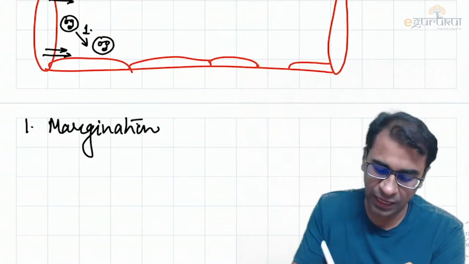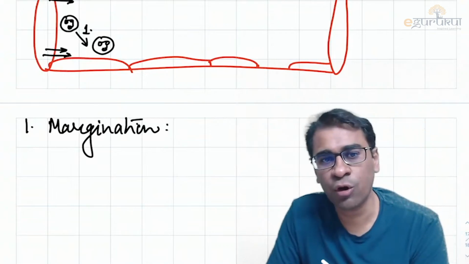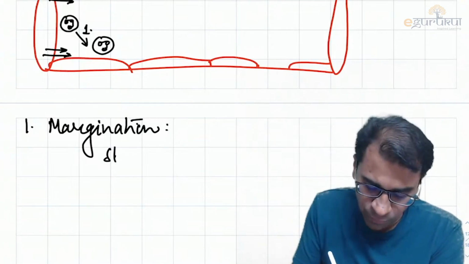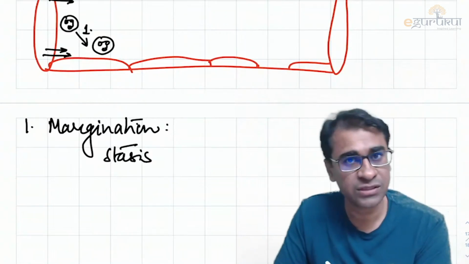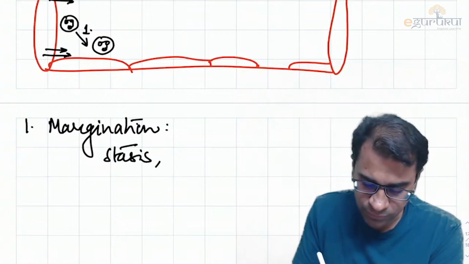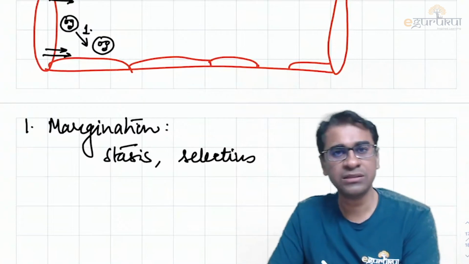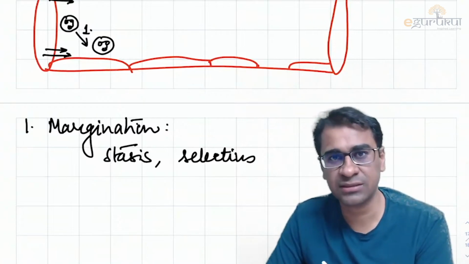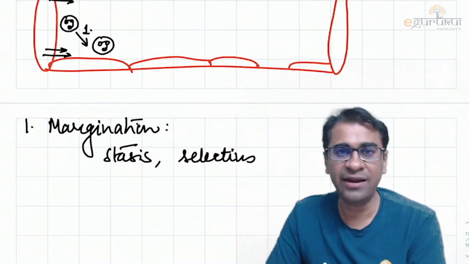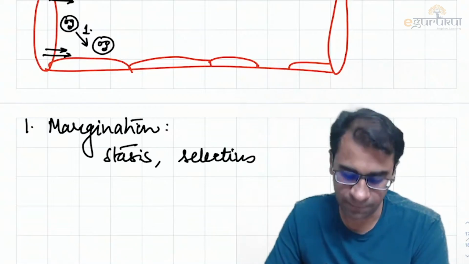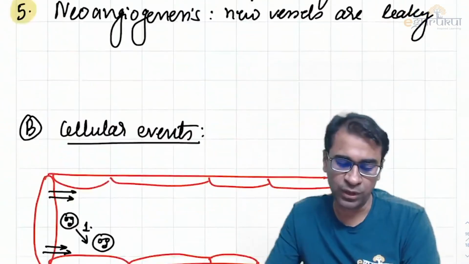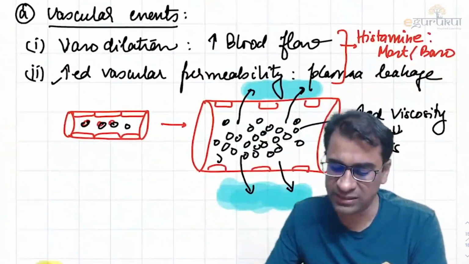Now margination occurs because of two reasons. Number one, stasis, and number two, selectins. The moment there is stasis, and why is stasis occurring?